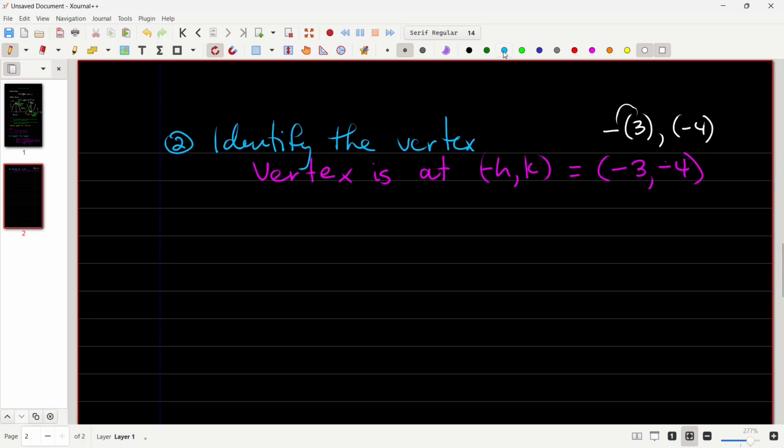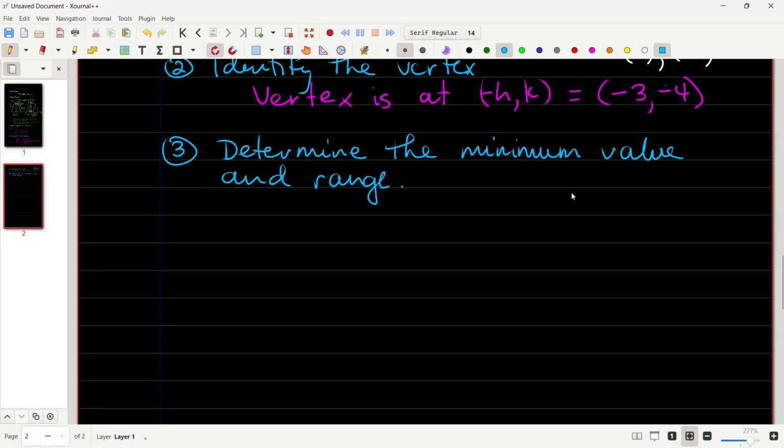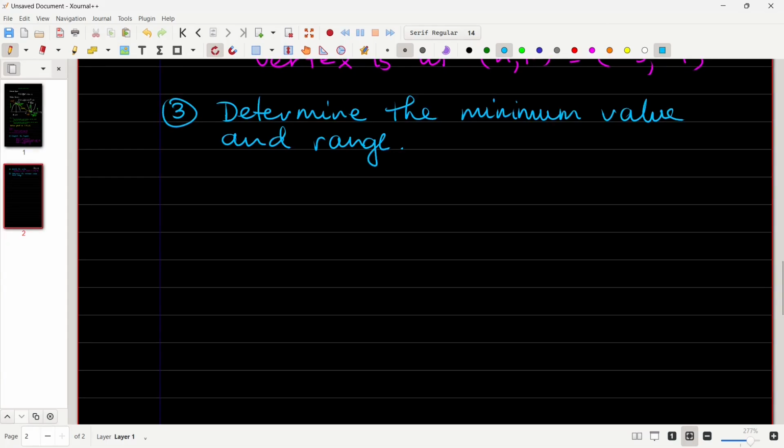And then the last part, step 3, we want to determine the minimum value and range for the quadratic that we have.